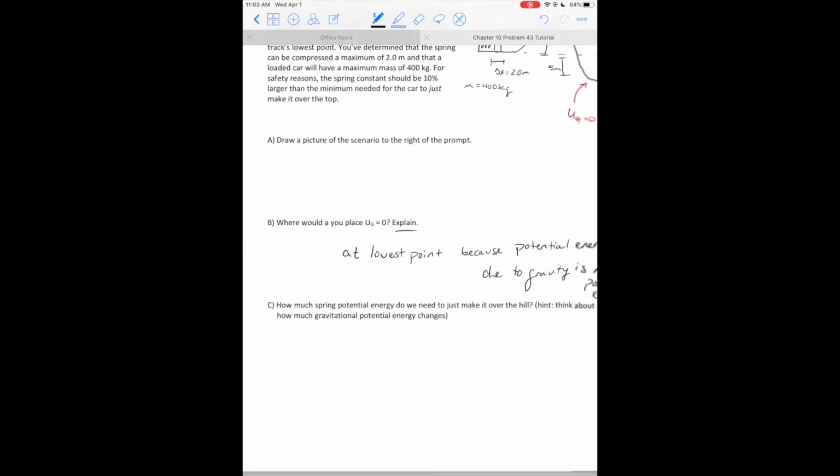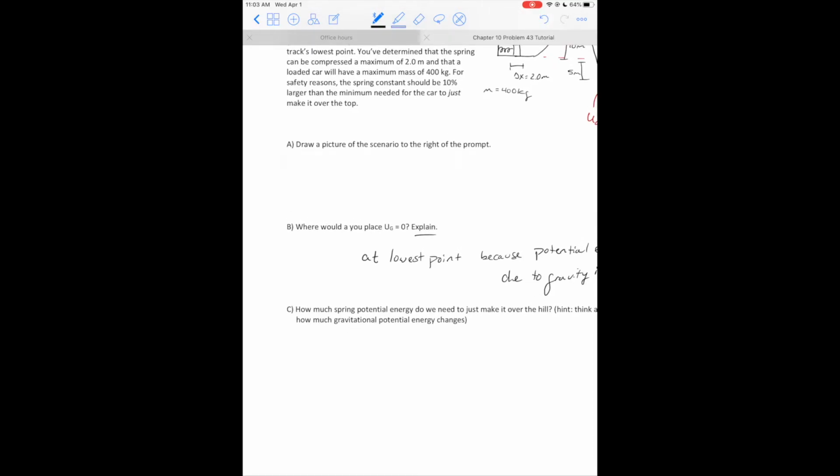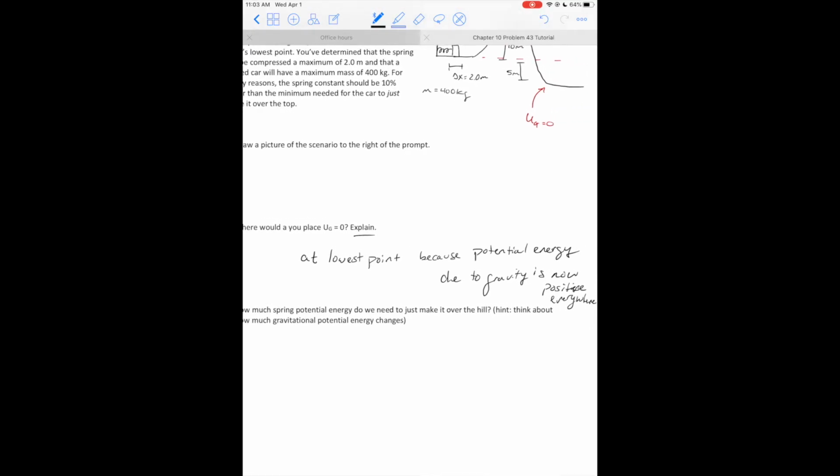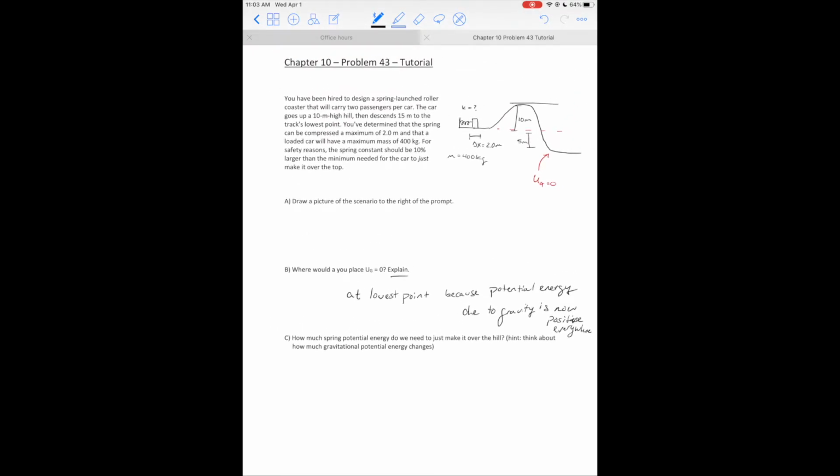All right. How much spring potential energy do we need to just make it over the hill? And we give a hint. We say, think about how much gravitational potential energy changes. So with this, we're gaining gravitational potential energy here. We need 10 meters worth of gravitational potential energy.